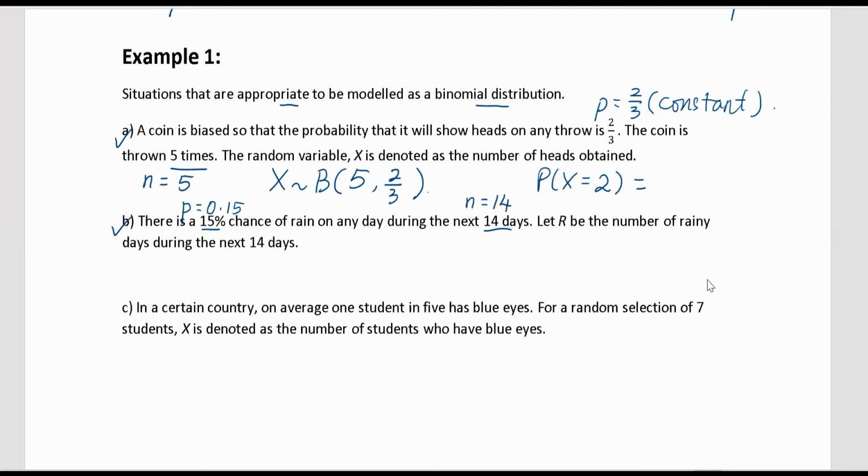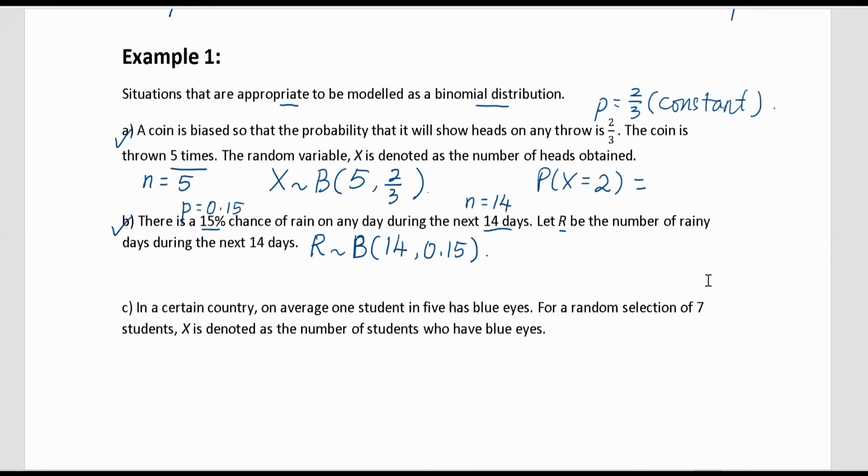If the variable R is the number of rainy days during the next 14 days, then R can be modeled as a binomial distribution. So I will write it down as this: the capital R follows a binomial distribution, capital B, and the parameters are 14 days, and the probability that any day will be raining is 0.15.